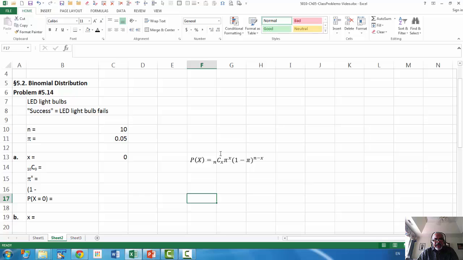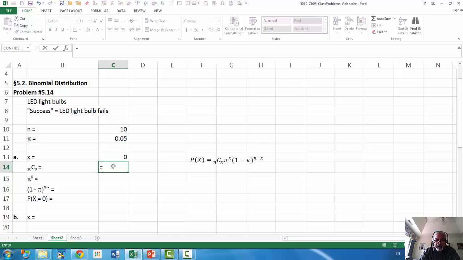We want n combination X, so n is 10, X is 0: 10 combination 0, and then pi to the power of X, and 1 minus pi to the power of n minus X. Excel has COMBIN. The number is 10, so let's make that an absolute reference so we'll be able to copy this function later on. Comma X. This gives us 10 combination 0.